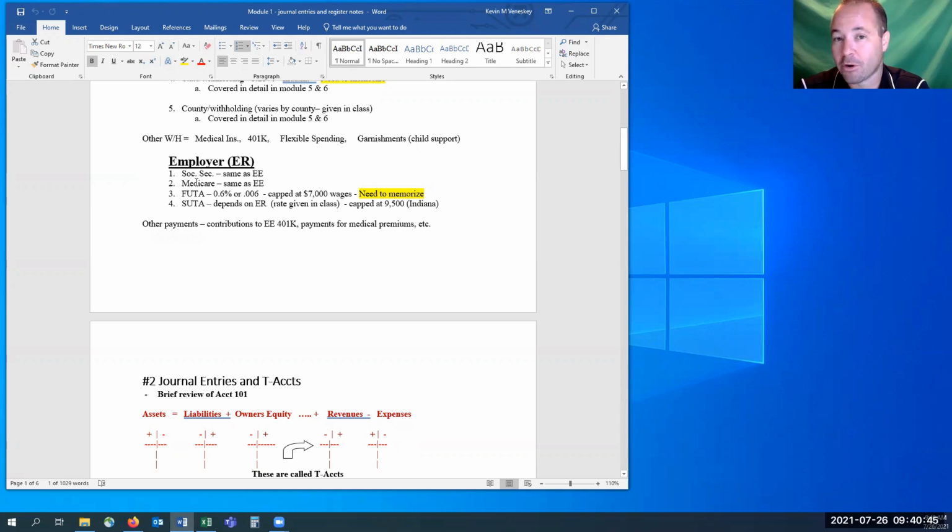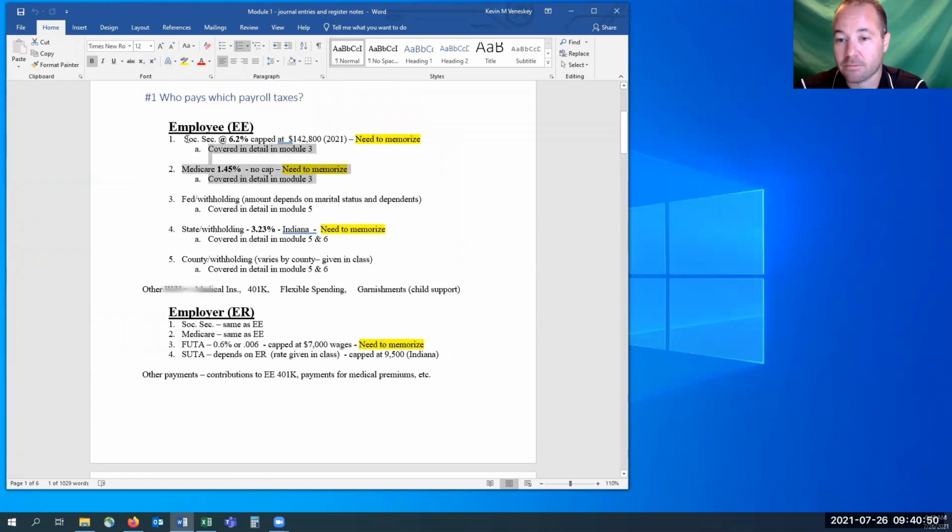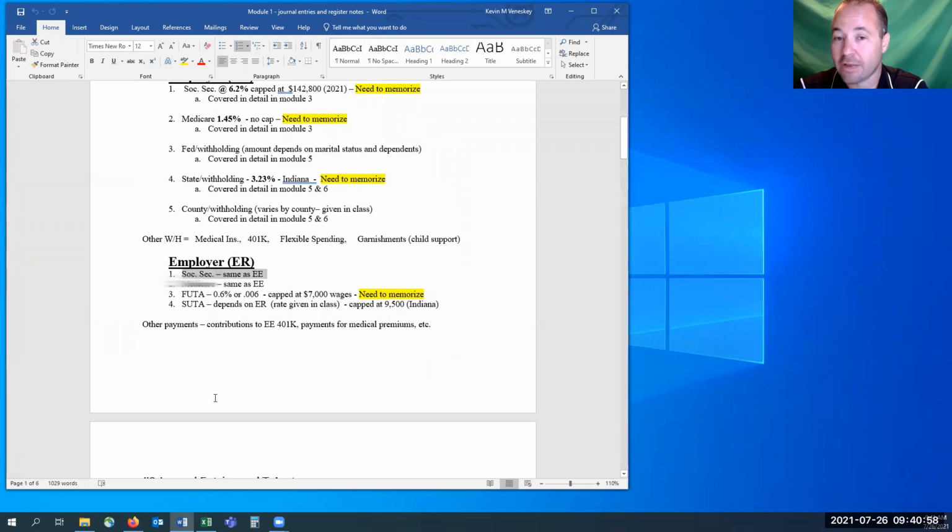The first 2 are going to be identical to what the employee paid here. So if the employee paid, let's say, $40 in Social Security tax, then the employer is going to have to chip in an additional $40 and pay that into the Social Security. They're going to do the same thing for Medicare.